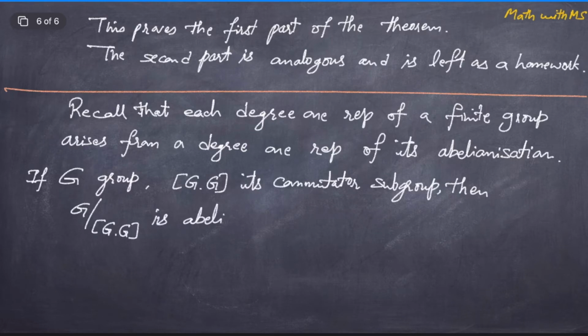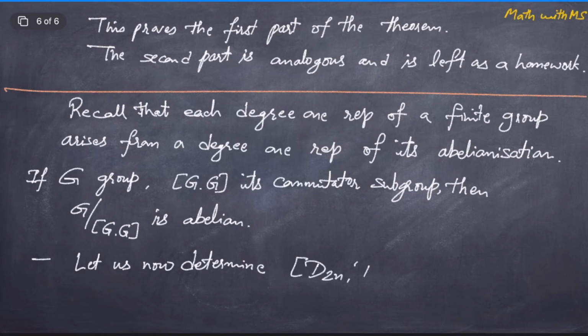Since G mod the commutator subgroup is abelian, all its irreducible representations are going to be one dimensional. So, let us now determine the commutator subgroup of the dihedral group D2n.